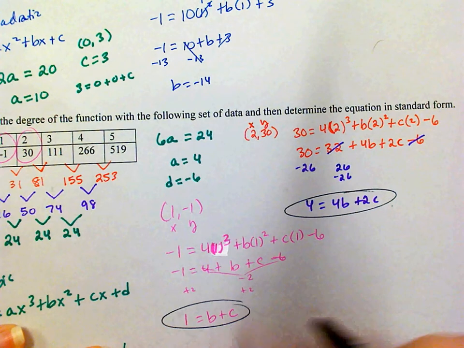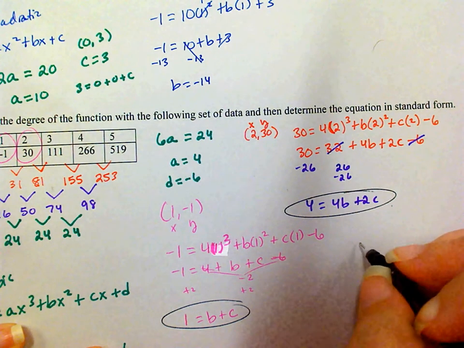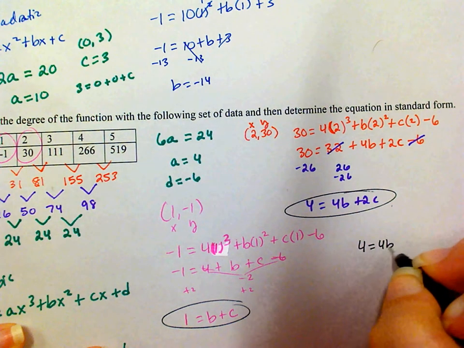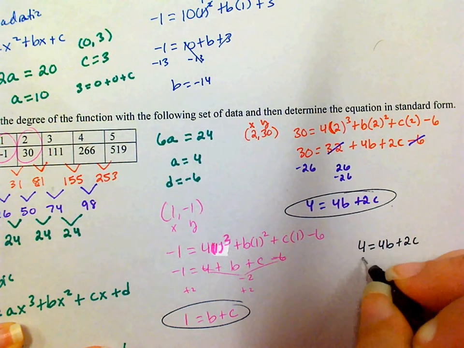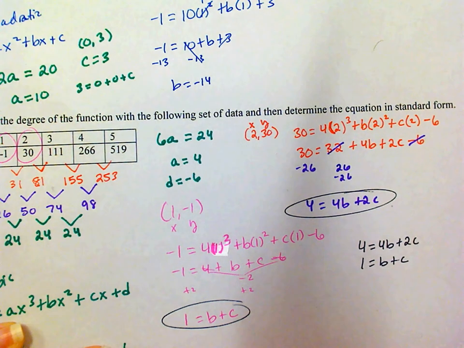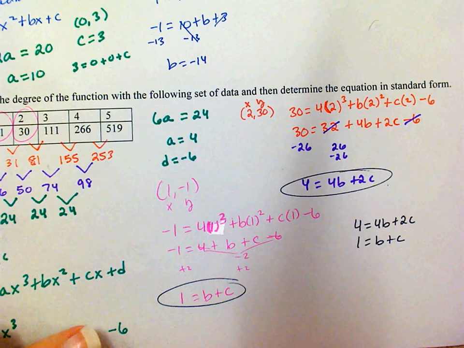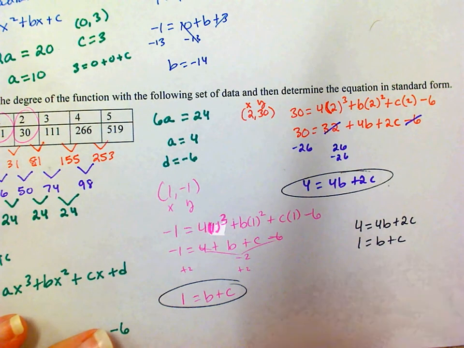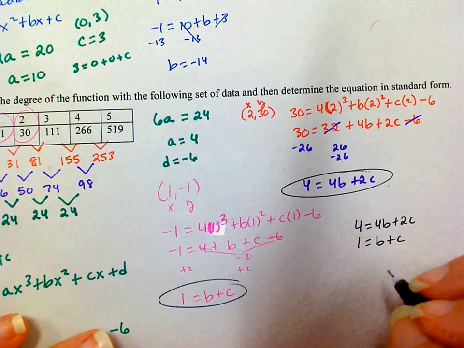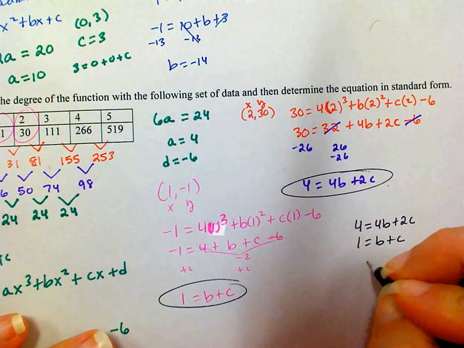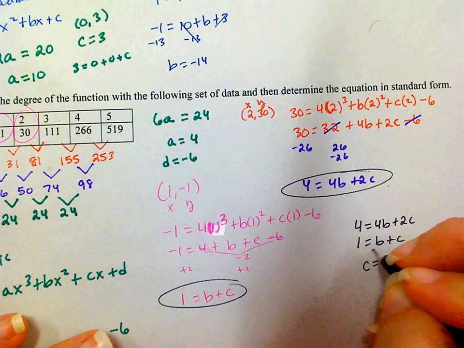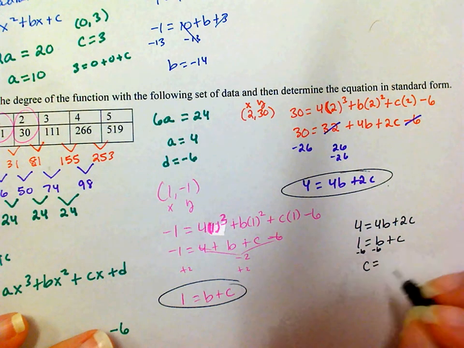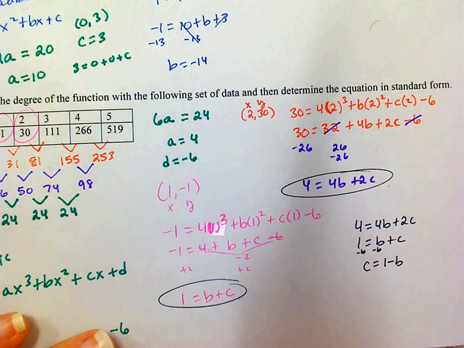1 equals b plus c. I could have rewritten them, but oh well. And this time I'm going to do substitution. Might as well. I know I started it up there, but I'll go ahead and do it. I'm going to solve for c. So that means I'm going to subtract b from both sides. So c equals 1 minus b. So substitution means I'm going to take what c equals and substitute it into the other equation for c.